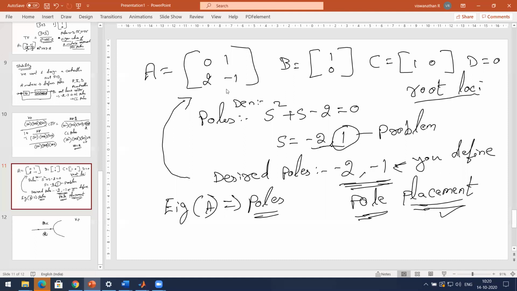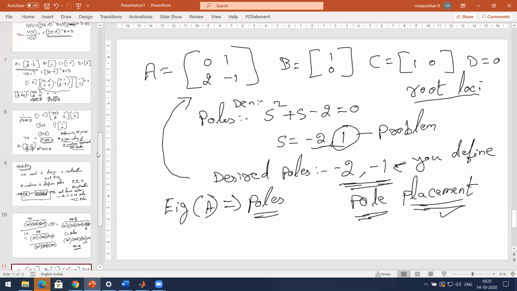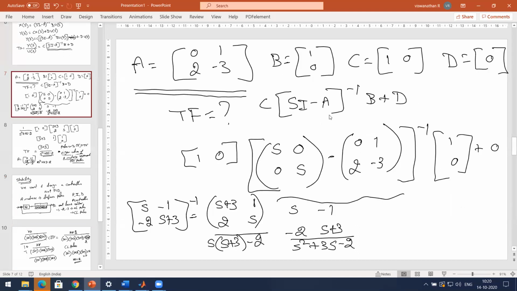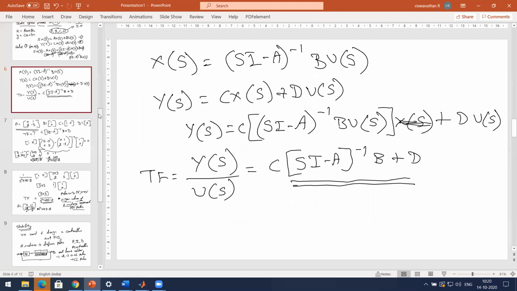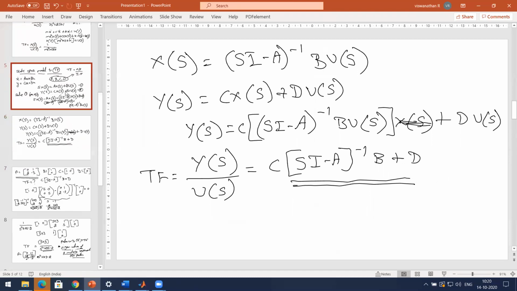See, that was a shortcut method that I told you. That doesn't have any basis, but the basis here is the transfer function relationship: C into (sI minus A) inverse B plus D. Yes, we derived it yesterday, and from that we got this relation between the state space model and the transfer function.